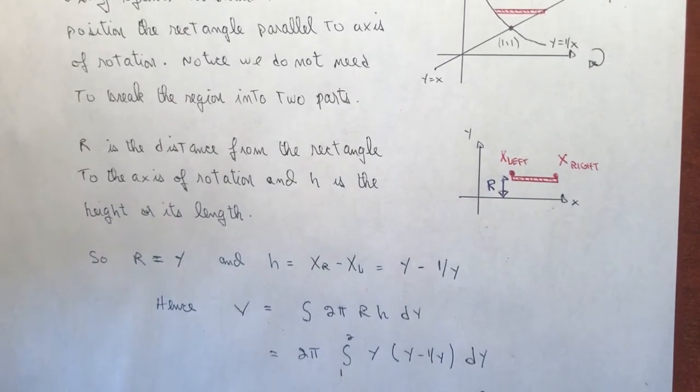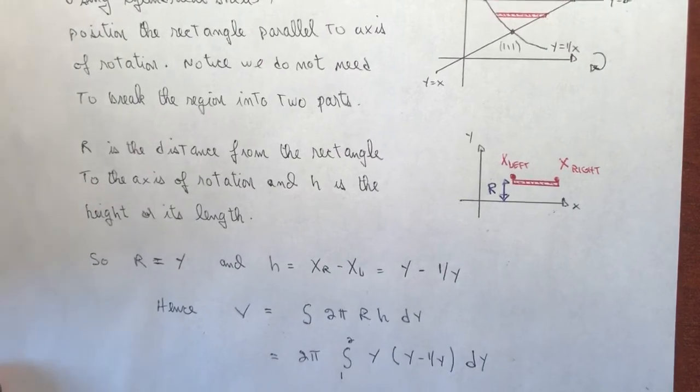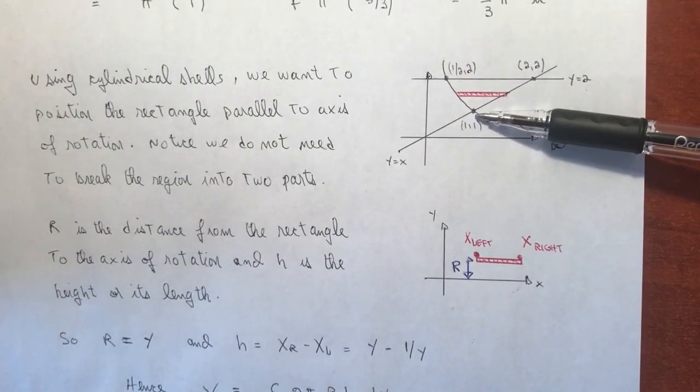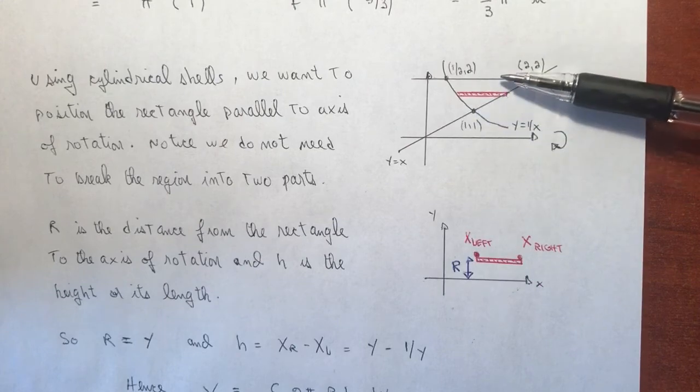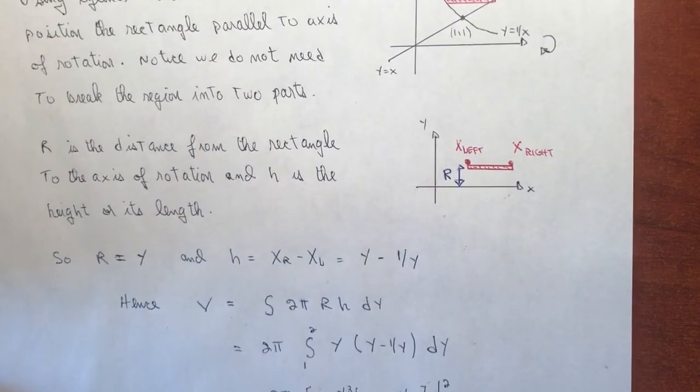Going to replace big R with y and h with y minus 1 over y. Notice here that the bounds are actually bounds in y, so they will go from y equals 1 to y equals 2. These are the bounds for this integral.